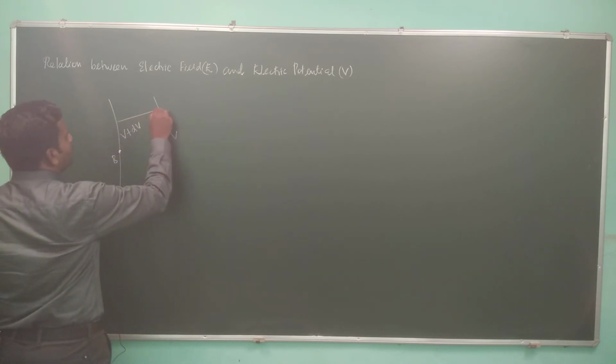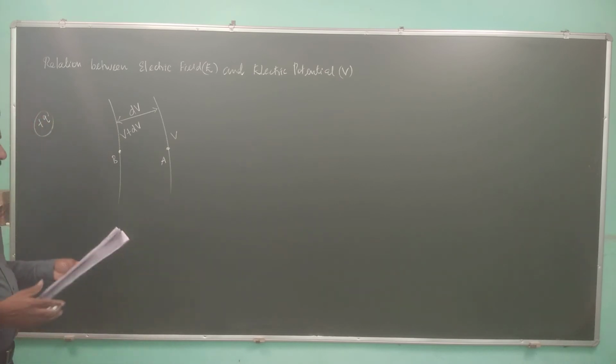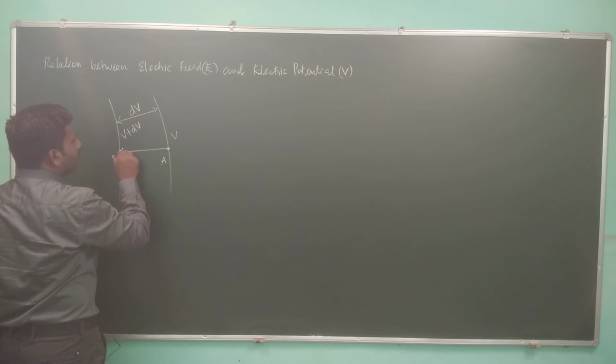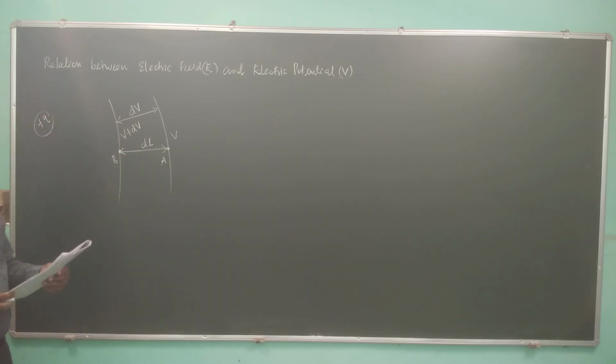So the potential difference between these two points is dV, and the displacement between point A and point B is a small displacement vector dl.